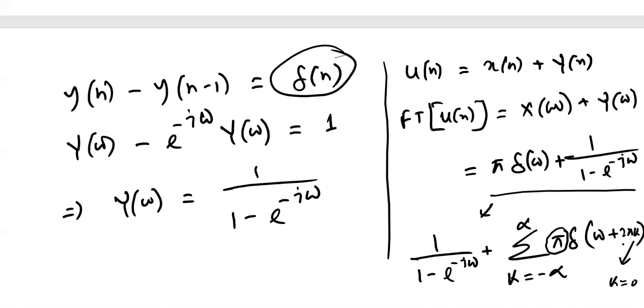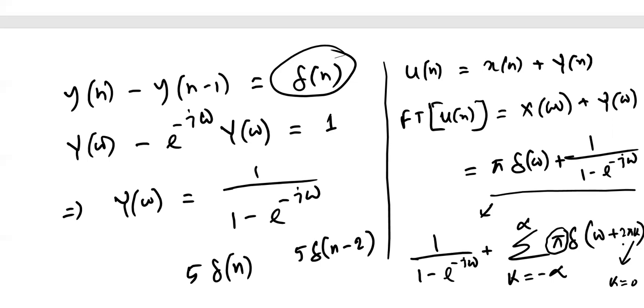For example, if I say 5 times delta[n], what does it mean? It means that at the center we have amplitude 5. If I write 5 delta[n minus 2], it shows that at location n equal to 2 we have the value 5.